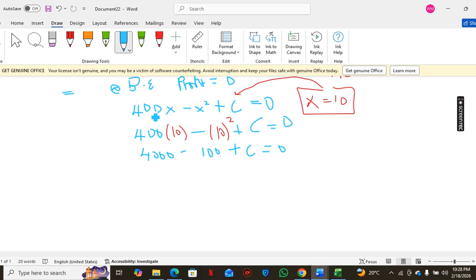So we have to find the value of c. 4,000 minus 100, that is 3,900, plus c equals 0. So you take it over this side, and it becomes 0 minus 3,900.